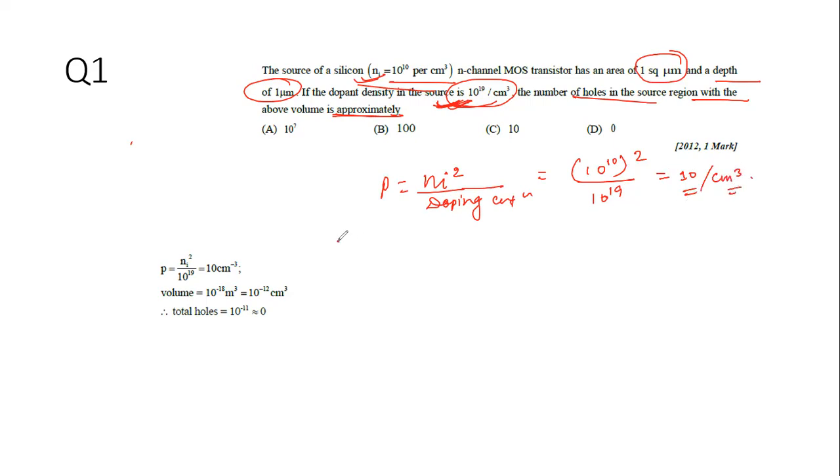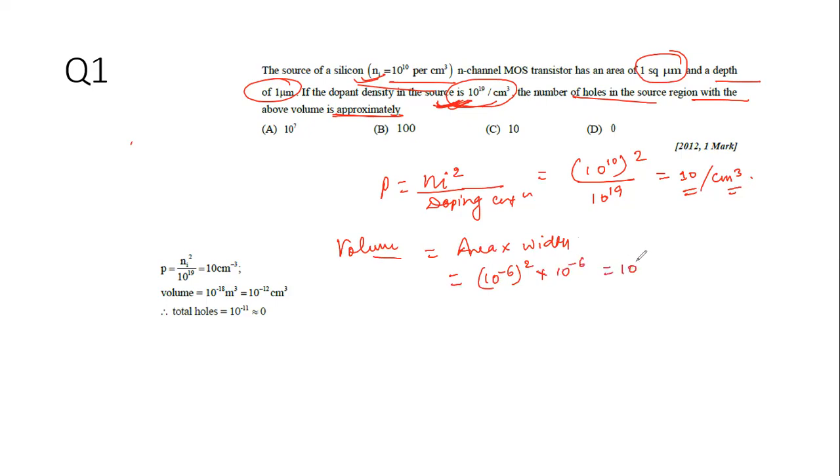Now what's the volume? Volume is area into width. Area is what? 1 square micrometer, so this is 1 micrometer squared, which is 10 to the power minus 6 squared, into width, which is 10 to the power minus 6.